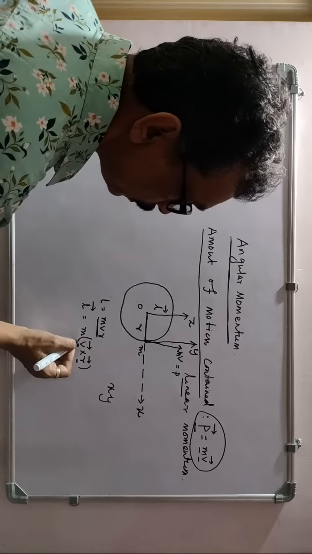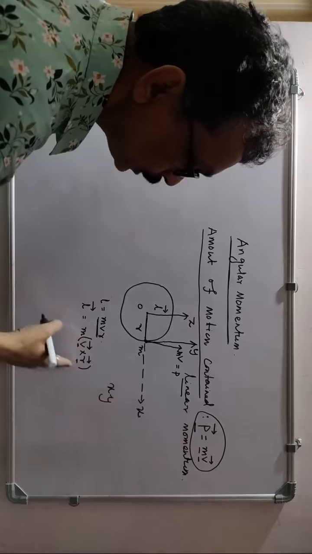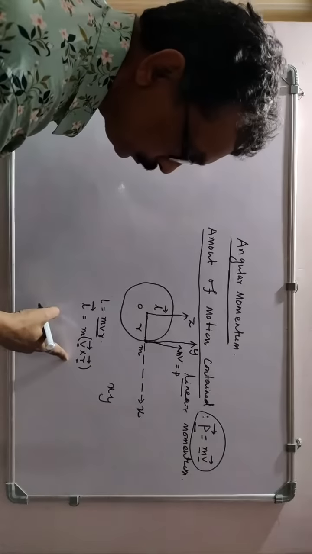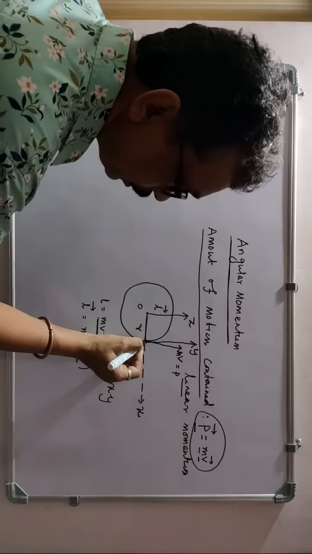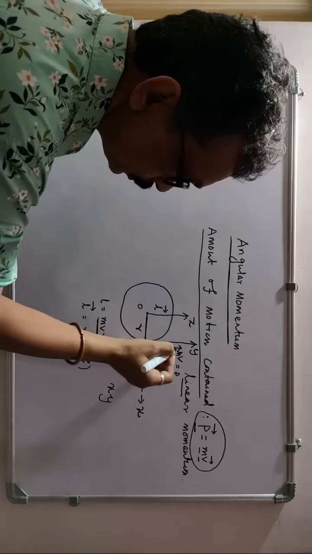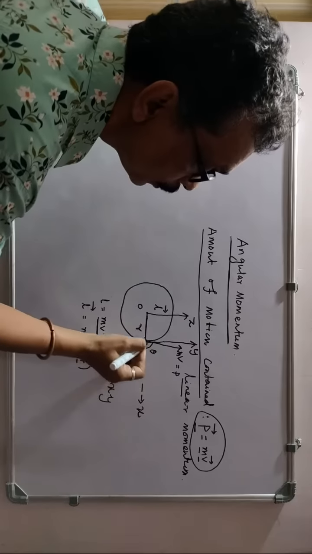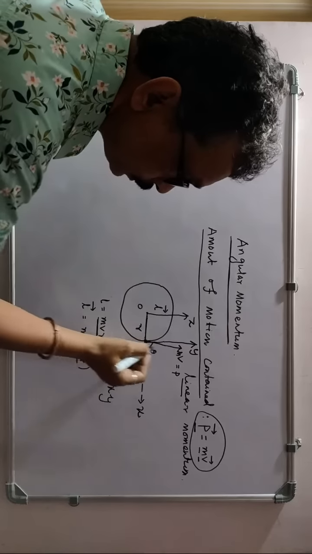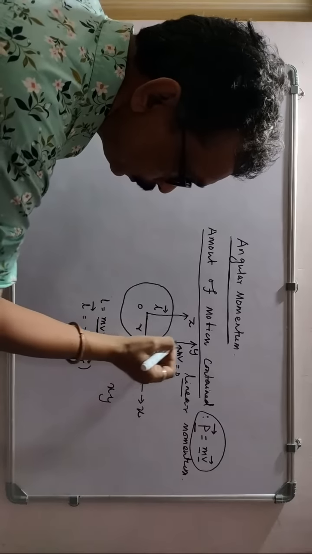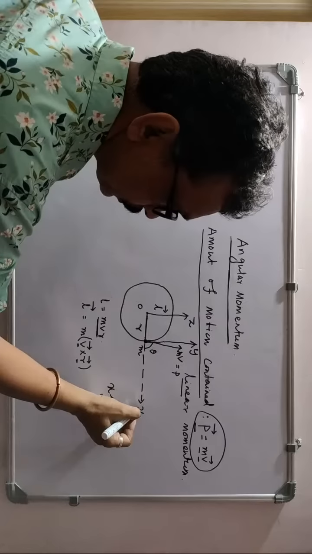Or cross product of the momentum with r. Why? Because when you take the angular momentum, suppose the linear momentum makes an angle theta with the x-axis. Then you have two components of the linear momentum, one along y, another along x.